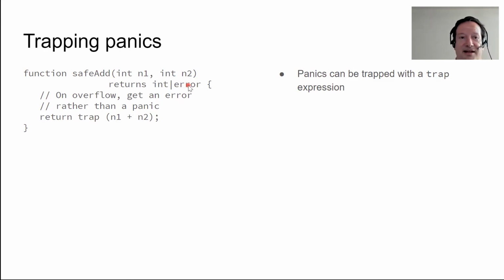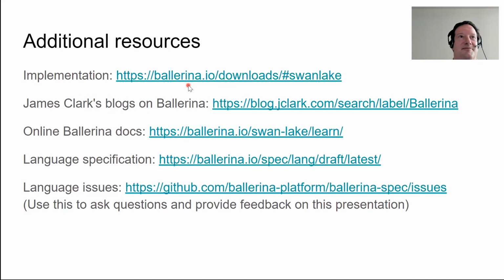And I think that is it. Yes, that's it. You have now seen pretty much all of it, though there's a lot of detail. You can download the implementation, I'm sure you all know that. I wrote a couple of blogs on Ballerina, which explain a little bit more about the why. Obviously, there are the online docs on the ballerina.io site.